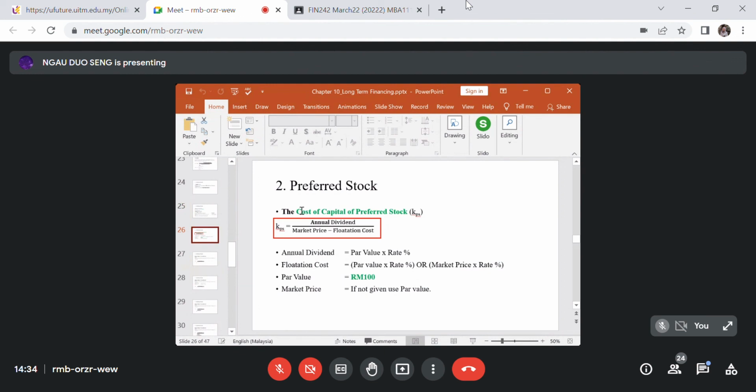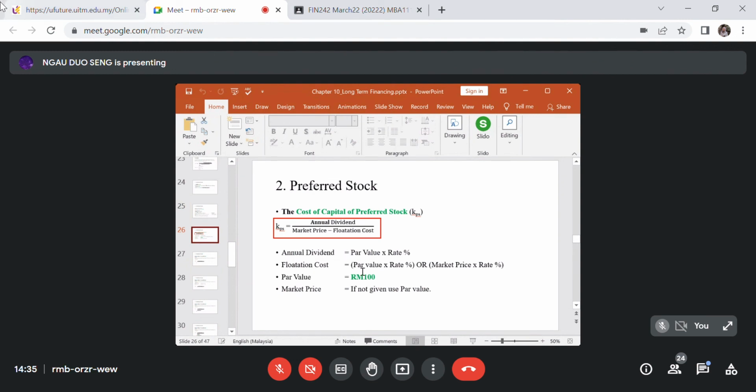Next, we have the cost of capital of the preferred stock, KPS. PS is referring to preferred stock. We have the annual dividend divided by market price minus flotation cost. Right, so we have annual dividend, we have the par value. Remember, for preferred stock, par value adalah 100, right? Don't confuse that. 100. 100 multiply the rate given.